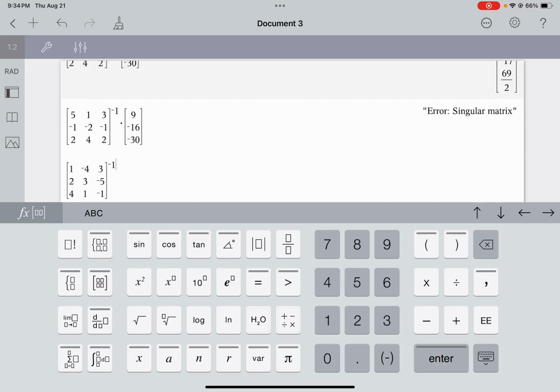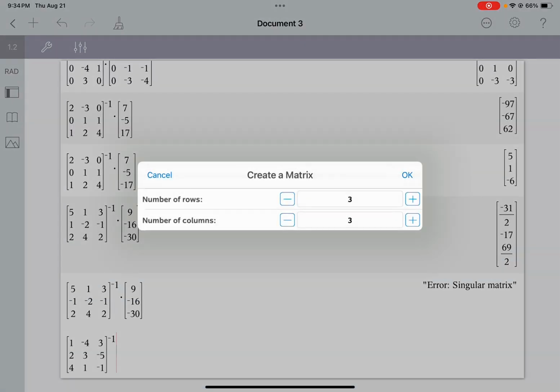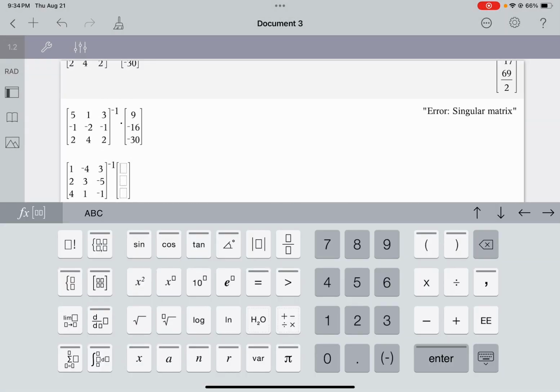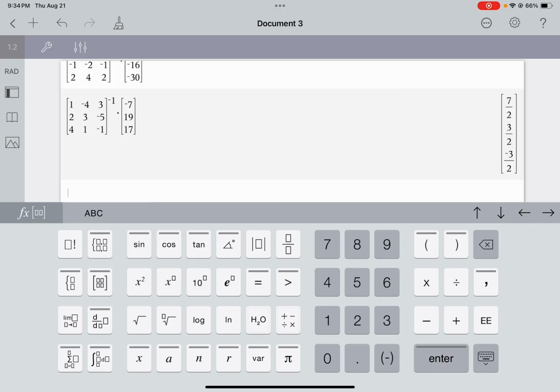Do our inverse. So if you just need the inverse, you would press enter after that. Then we're going to multiply it by a 3 by 1. And that is -7, 19, 17, double check, and we get this.